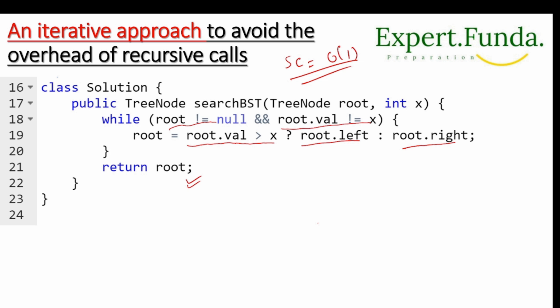If the interviewer asks whether there are any other approaches besides recursive or iterative for the BST, what you can say is that in the context of searching in a binary search tree there are multiple ways, but the two primary approaches are recursive and iterative, which we have already discussed.